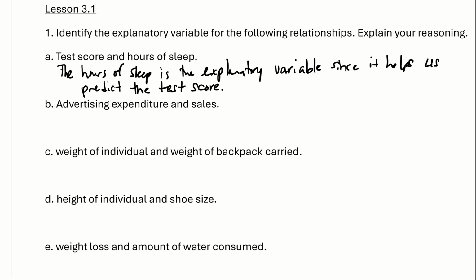All right, and then advertising expenditure and sales. So how much you spend on advertising could affect the sales. So advertising expenditure is going to be the explanatory variable, okay?